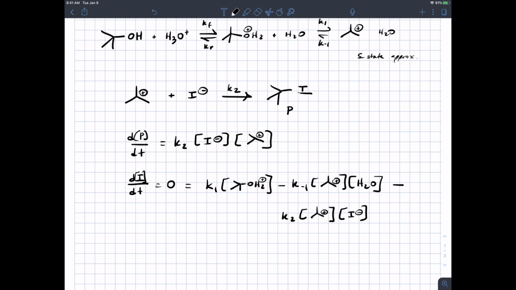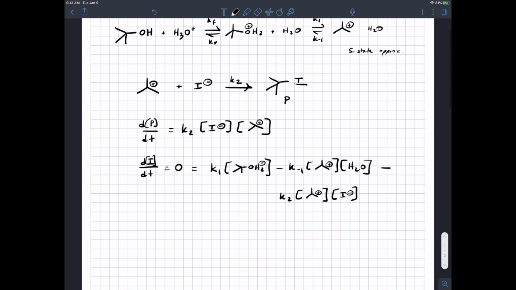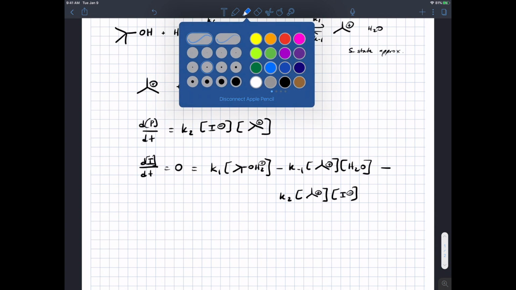So for the steady state approximation, we get all the high energy intermediate on the same side of the equation, and we isolate that variable.